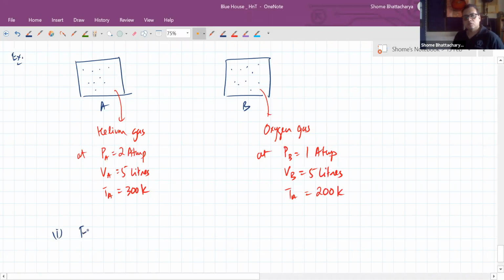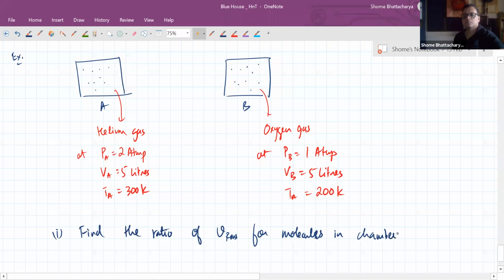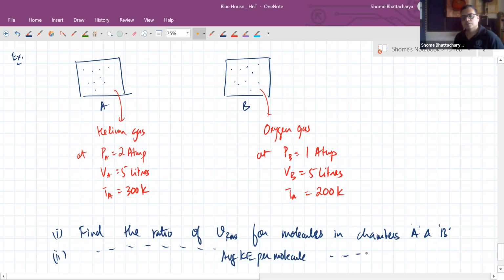So first of all, find the ratio of VRMS for molecules in chambers A and B. The first set of questions is going to be about ratios. So next we have to find the ratio of average kinetic energy per molecule in chambers A and B.